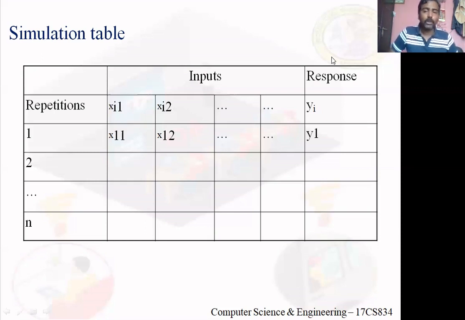So the server is going to become free at what time? At time 23. So even though the third customer arrives at time 20, he needs to wait until time 23. At time 23, the third customer's service will begin, it will take 5 more minutes, and it will end at time 28.